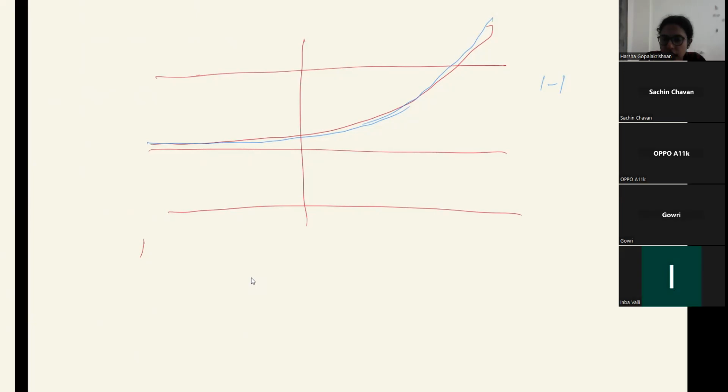And ontoness means, whoever is not talking, please mute yourself. See, okay, let me give the definition first. One-oneness means, here for this graph I am using just real lines.